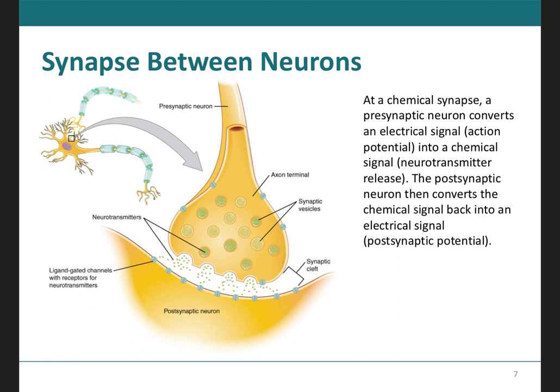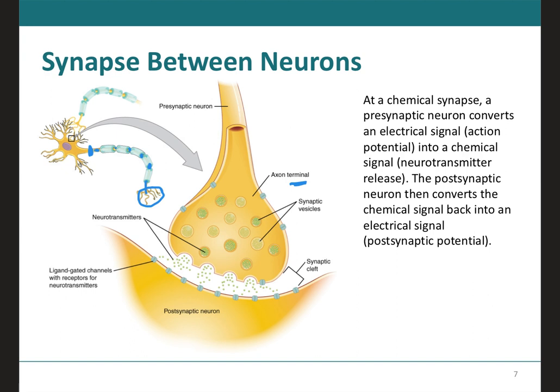Okay, now that we've revised the electrical synapse, we can talk about the chemical synapse, which occurs at the end of the axon, more specifically at the axon terminal or the terminal button. Coming down, we have the axon hillock or the trigger zone, and the action potential comes down over here, jumping from one node of Ranvier to the other, until it reaches this area.